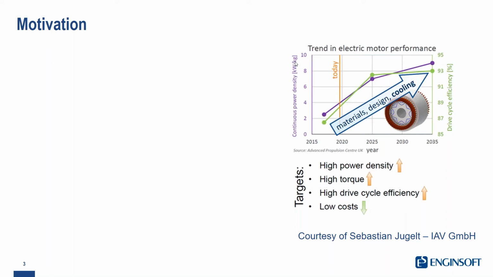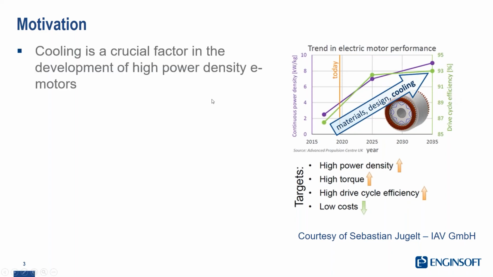So this means almost double the power density of the e-drives. At the same time, there should be quite an important growth in terms of efficiency. And cooling of the e-drive is quite important both for the efficiency and for the life of an e-drive.